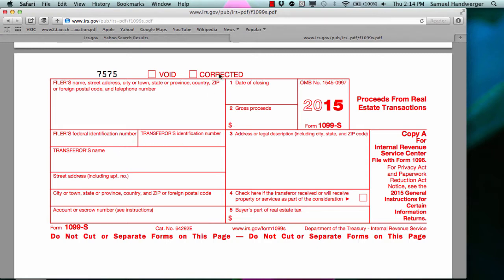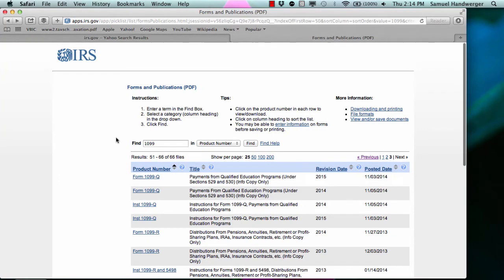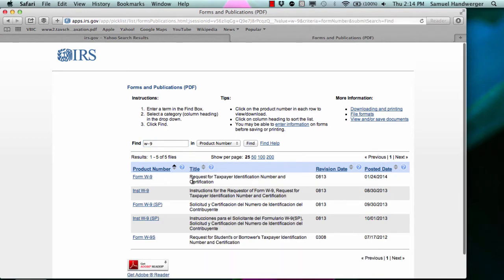So how do the preparers of all these forms, whenever they have to be prepared by somebody, know the tax-paying recipient's identifying number with which to report on these 1099s?